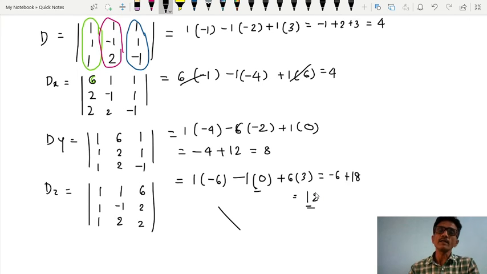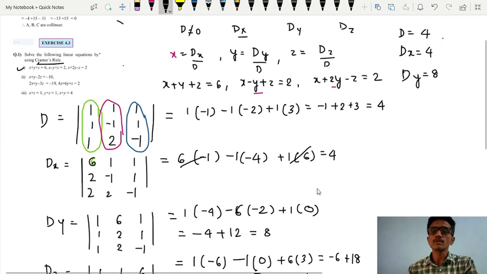So thus we are getting Dz is equal to what? Yes students, Dz, you are getting how much?